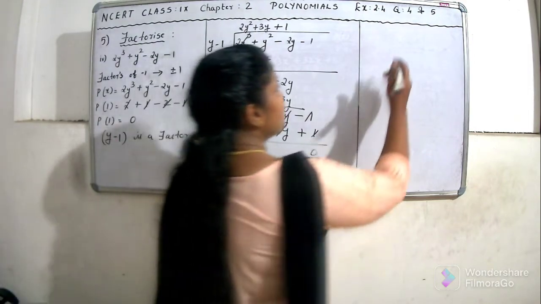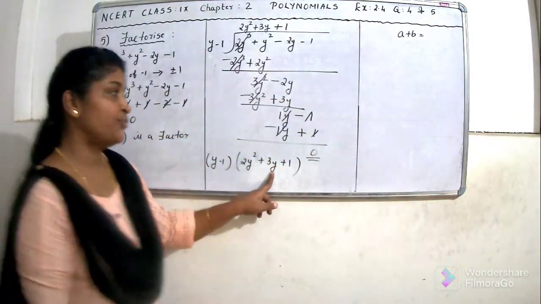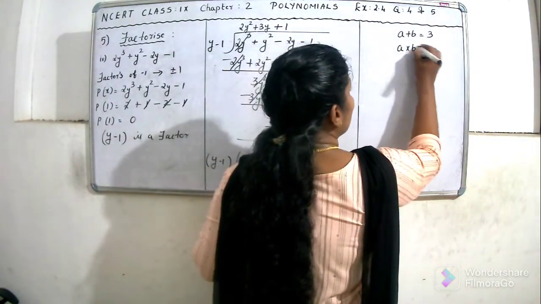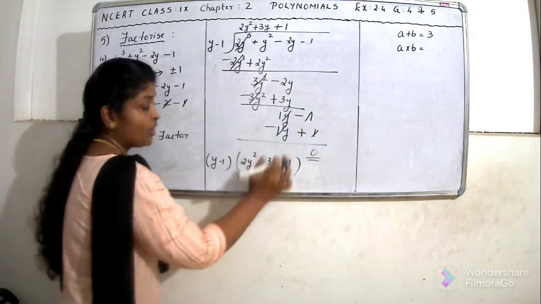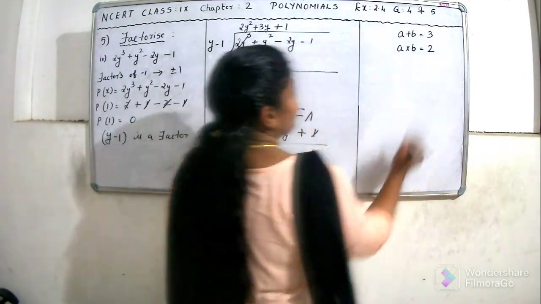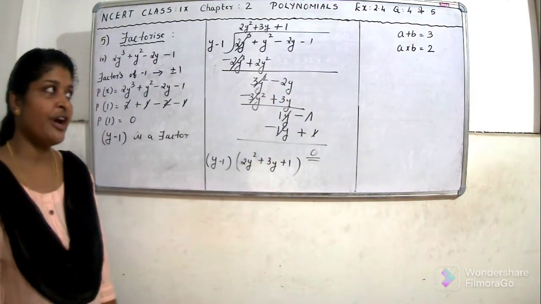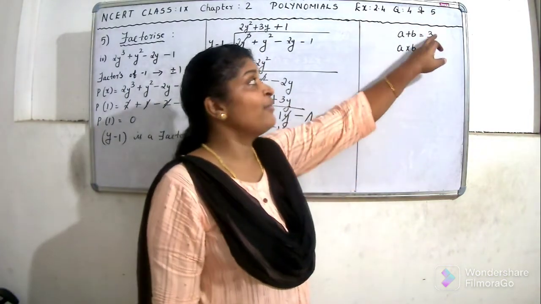Quadratic polynomial. So a plus b should be positive 3 and a into b is the product of the terms, 2 into 1, that is 2. Okay. Now which are the two numbers? When we are multiplying we have to get 2 and when we are adding we have to get 3.